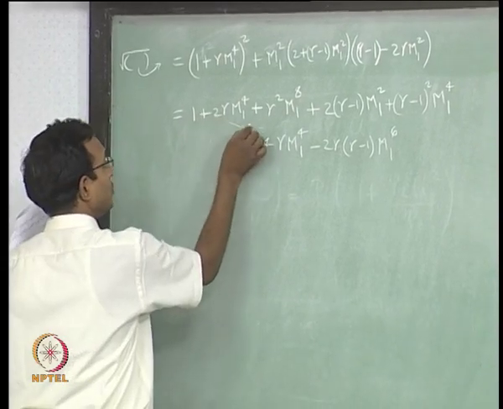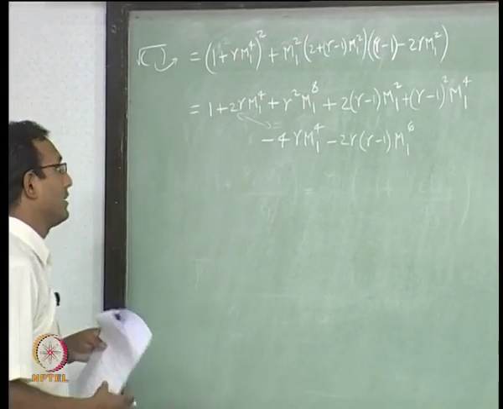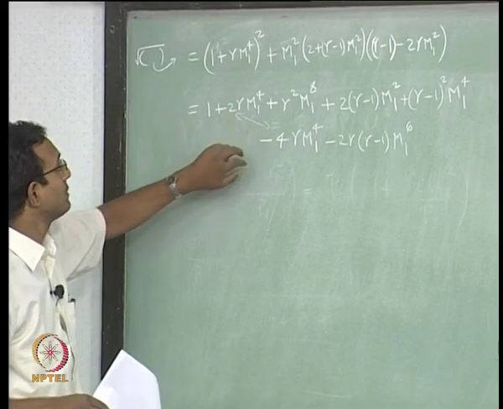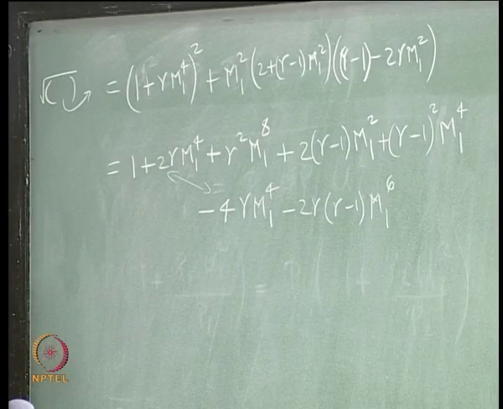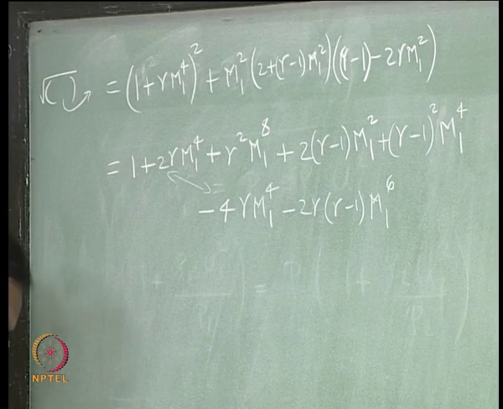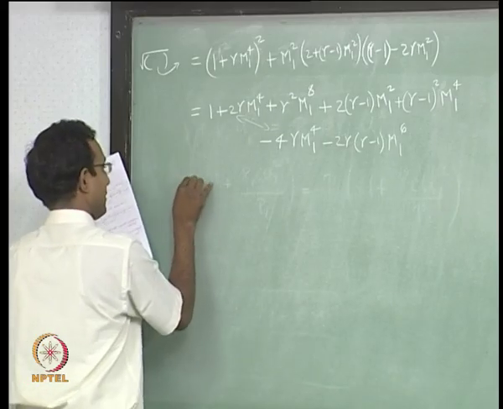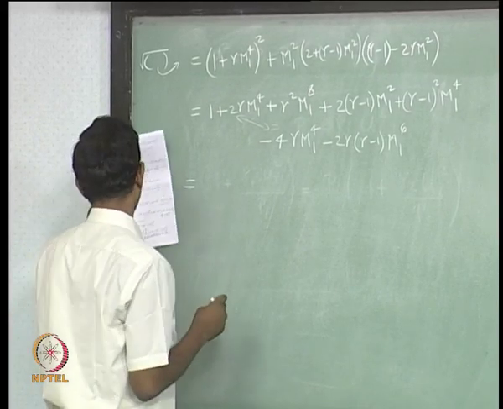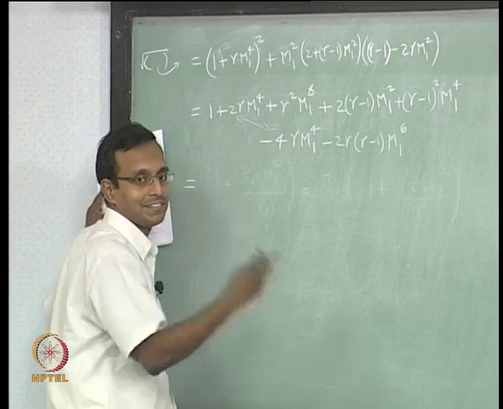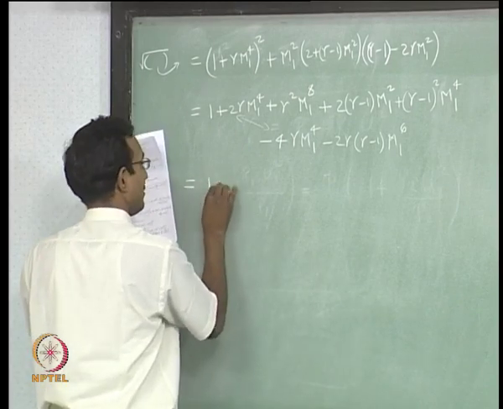Now, look at these two. Okay. So, these two can be replaced with one term which is minus 2 gamma m1 square, m1 power 4, sorry. Okay. It will just come out to be that. Now, I will rewrite that. I will group my terms in a nice way so that I can simplify this further.